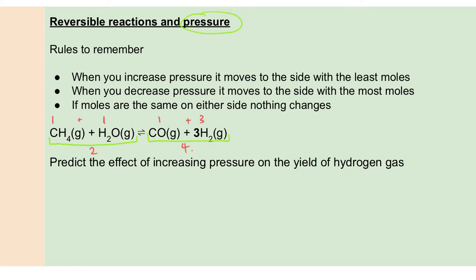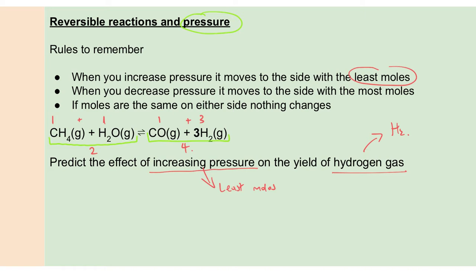So first thing, I've got predict the effect of increasing pressure on the yield of hydrogen gas. First of all, I know I'm going to move to the side with the least moles. And out of my equation, CH4, H2O, CO and H2, hydrogen gas is H2.